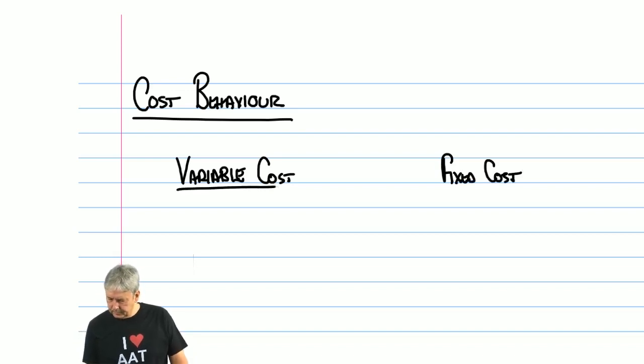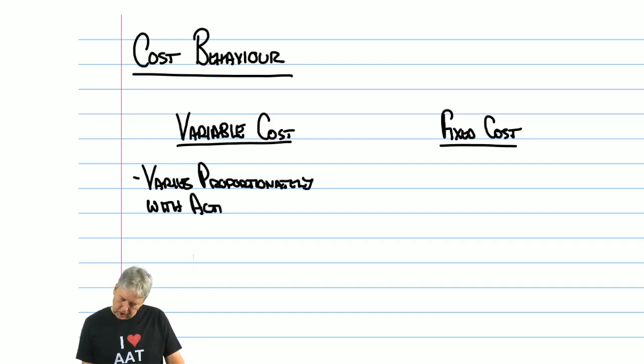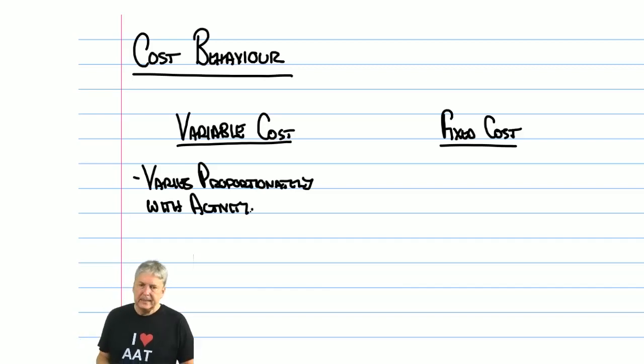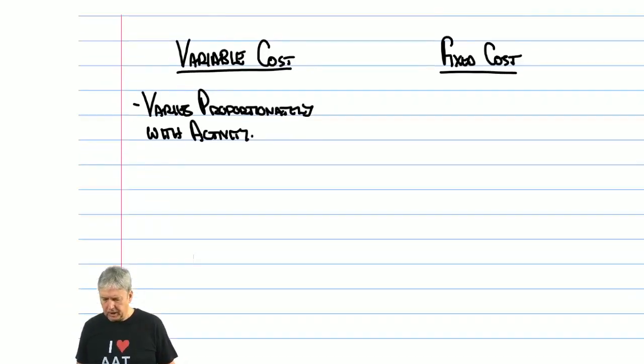Now, the variable cost varies proportionately with activity. Now, I've introduced a term there, I've got to be careful with this. Activity simply means units produced and sold. Okay, so not an issue there. Varies proportionately with activity.